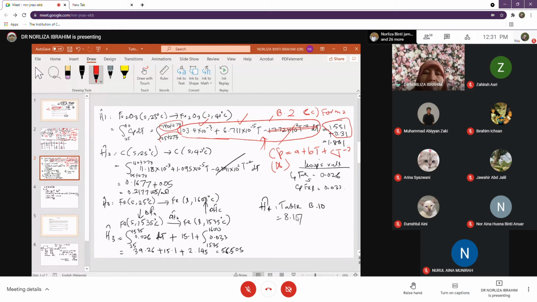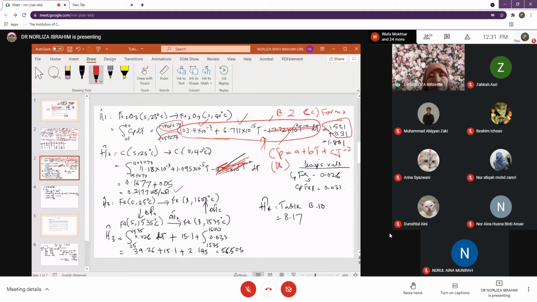Alright, so for H2, H2 is for the carbon. The carbon is also there in table B2, also in form 2, with temperature in Kelvin. Again, I am ignoring the last term because, as I mentioned earlier, the value is 0.2177.